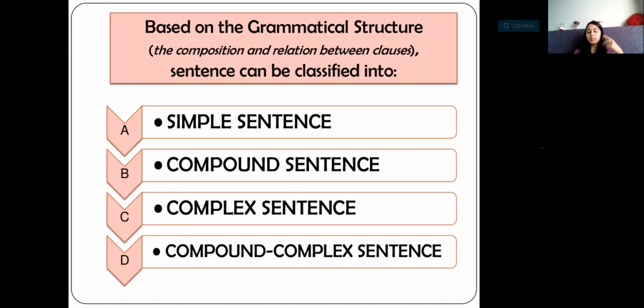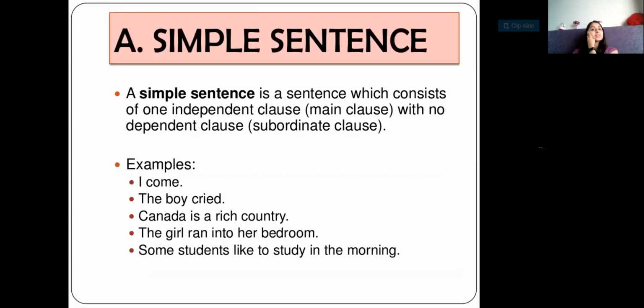So you'll find simple, complex, compound, and compound-complex together. All right, so we'll be doing that right now. Let's see what a simple sentence is. A simple sentence consists of one independent clause, the main clause, and the subordinate.